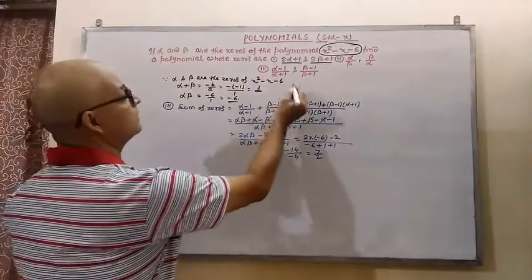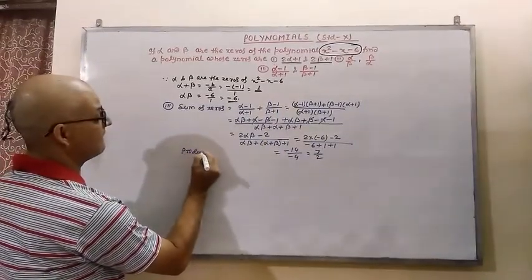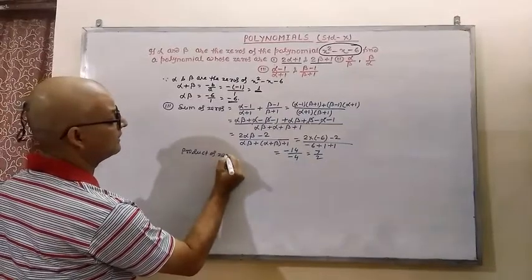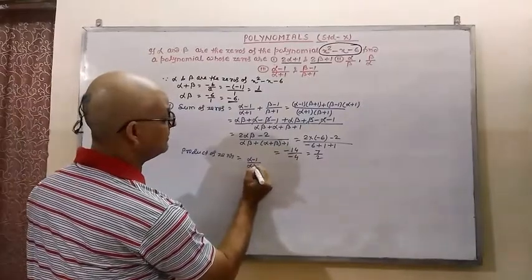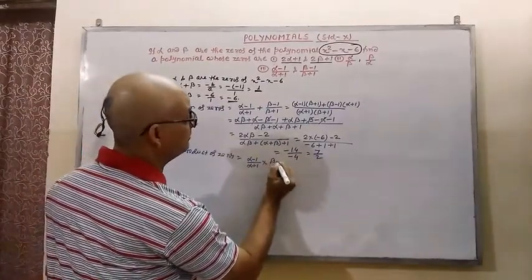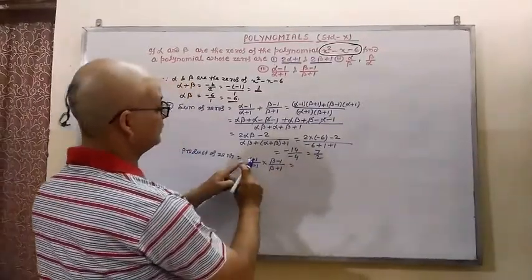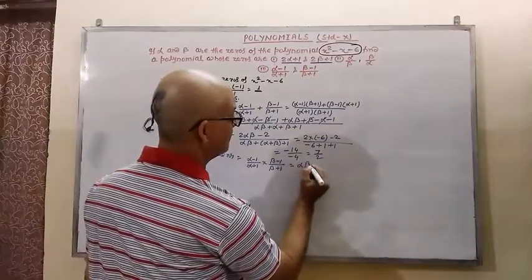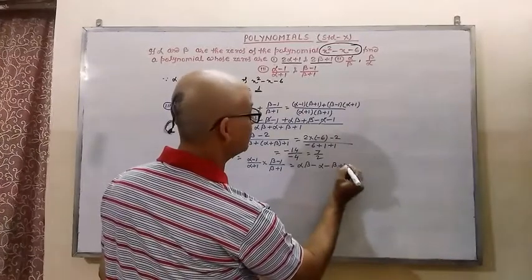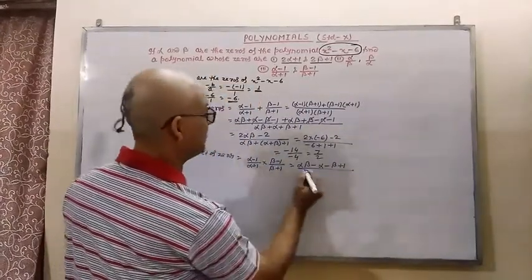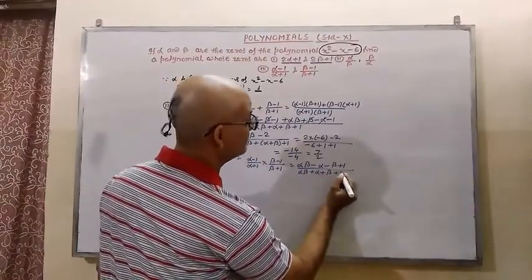Now we will find the product of zeros. Product of zeros is equal to (alpha minus 1)/(alpha plus 1) into (beta minus 1)/(beta plus 1). That is equal to alpha beta minus alpha minus beta plus 1, divided by alpha beta plus alpha plus beta plus 1.